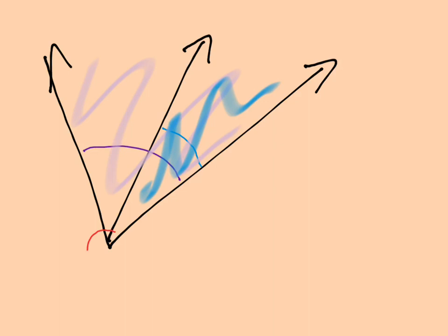Well, the purple angle is all of this, and the blue angle is all of this. And these share a vertex, and they share a ray. This side belongs to both the angles, but they overlap, and so they are not adjacent. They are not adjacent.